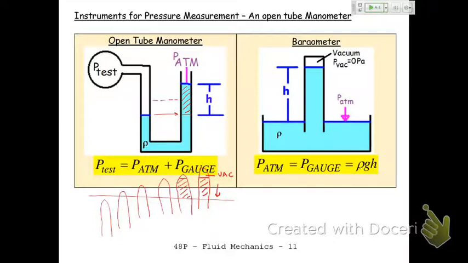If I wanted to do this with mercury, I would use 76 centimeters. I would need a tube which is more than 76 centimeters tall, about 2 feet, maybe 3 feet. If I did this with water, I'd need a tube that was more than about 30 feet tall because of the difference in densities.